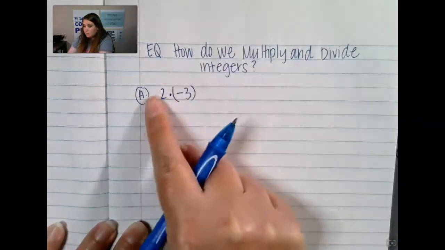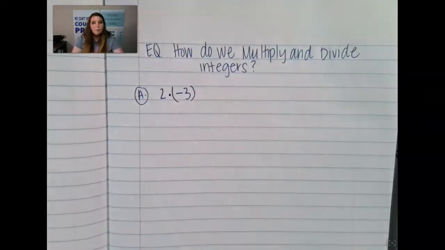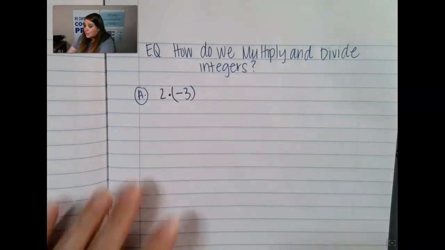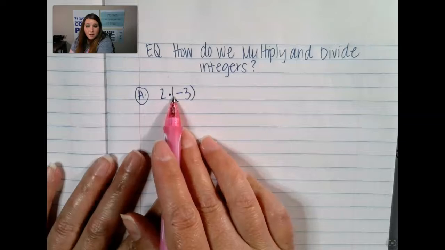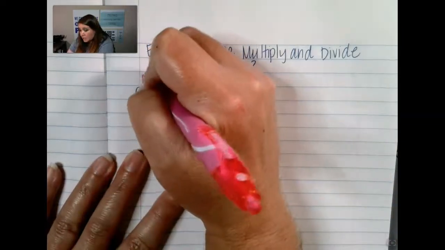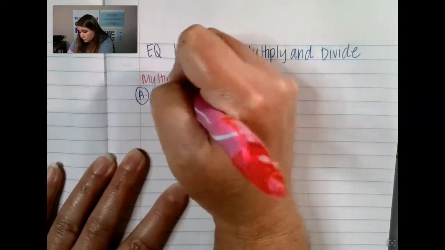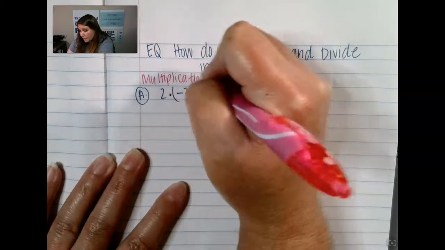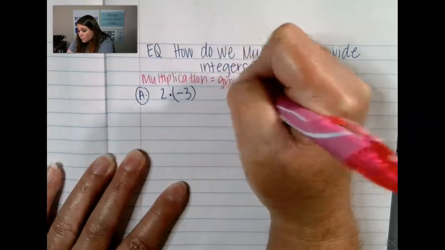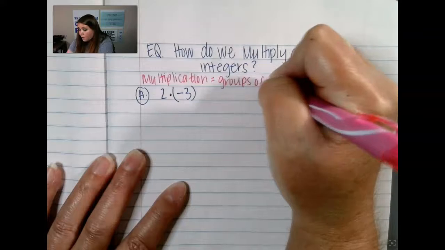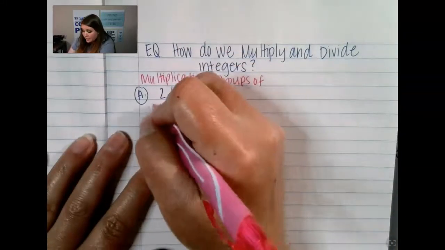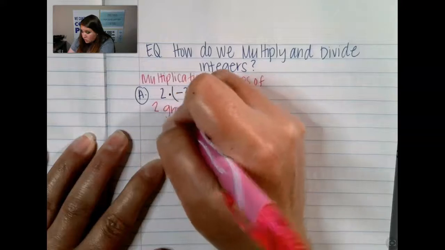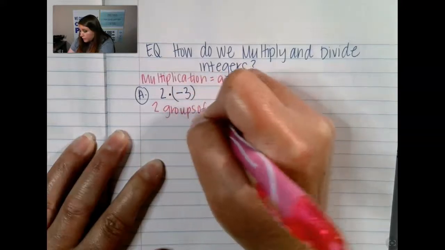When we read this problem, it's super important to think about it as groups of, because multiplication means groups of. So I have 2 groups of negative 3. That's what this says.